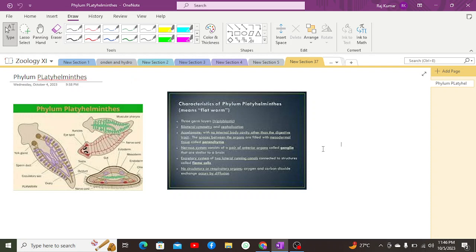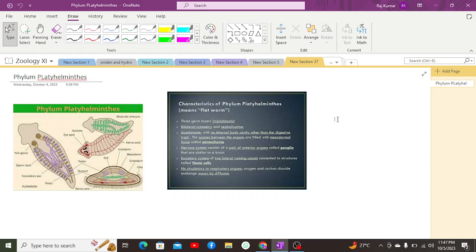Apart from which, their evolution was derived from the Cnidarians in such a manner that first there was a coelenterate-like worm, which then evolved into the planula larva, which ultimately formed the first platyhelminths, which is planaria.